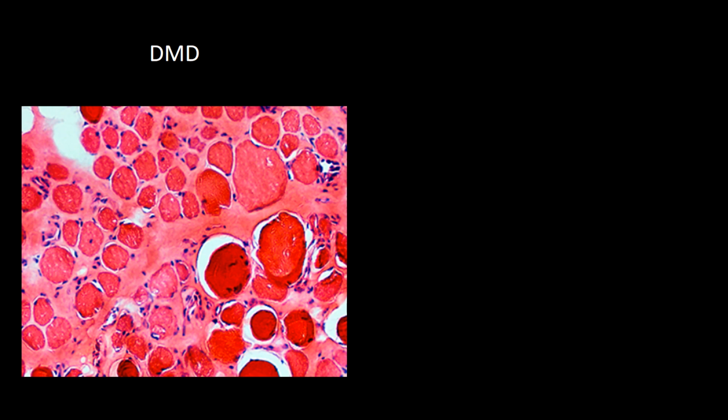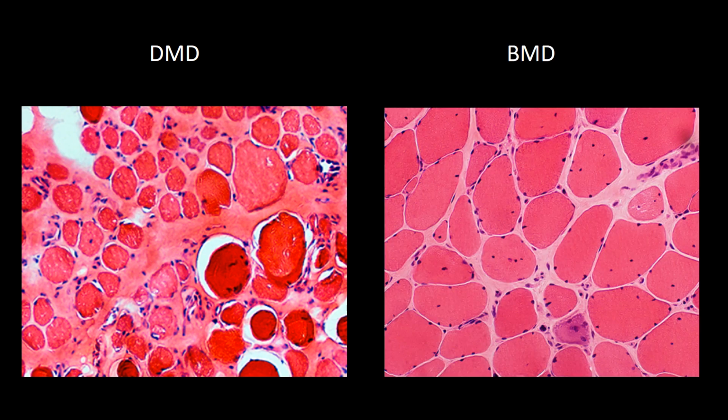One important feature not previously mentioned in patients with DMD is myonecrosis. Myonecrosis represents dead muscle fibers being cleared by macrophages. In this specimen, you can see myonecrosis in multiple places. Here, here, here, and here.